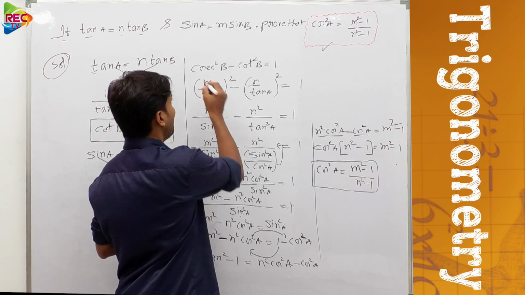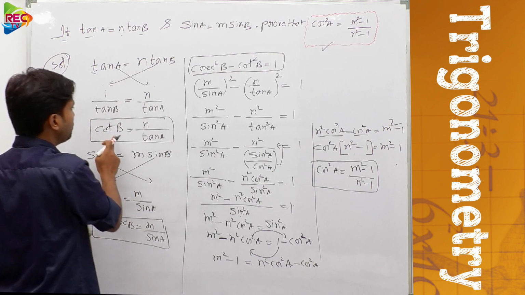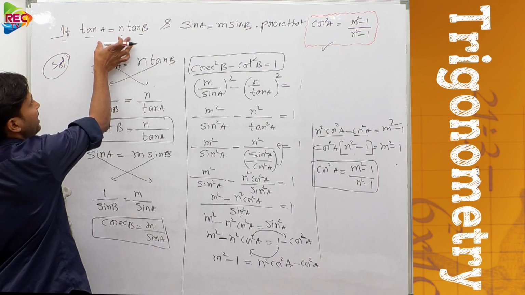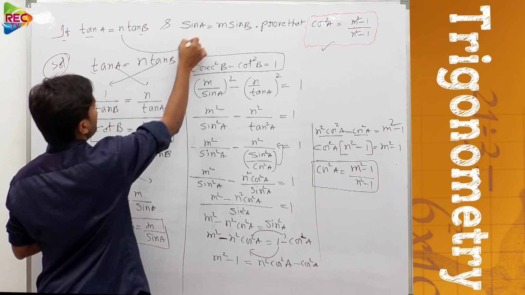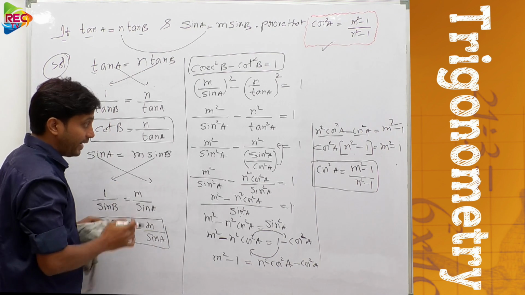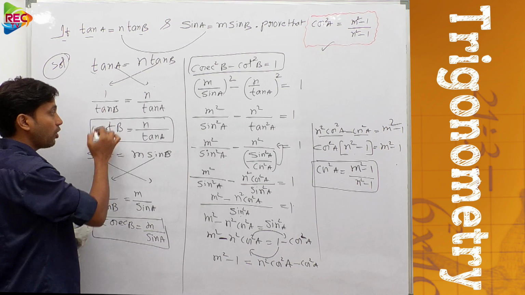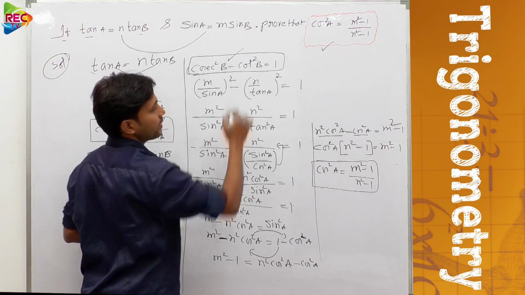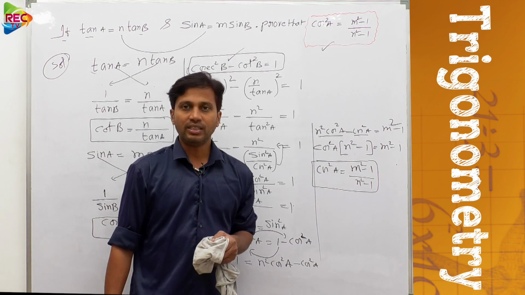We are taking advantage of this identity here, and we have converted into cot B and cosecant B with the given conditions. Understood? We used these two conditions and we obtained values of cosecant B and cot B, and we took advantage of this one, and so therefore we obtained the required condition now.